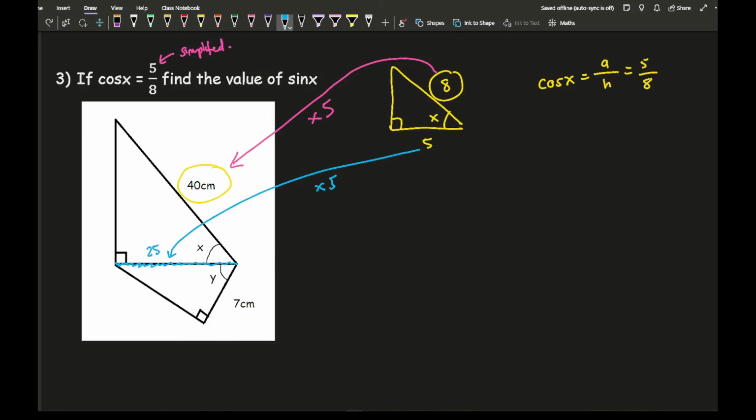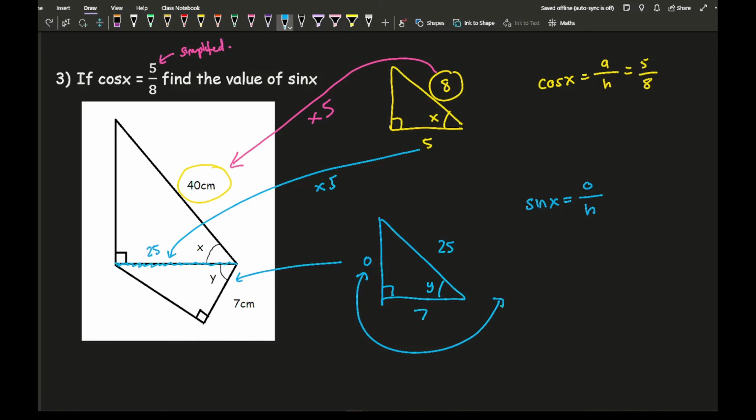Now from this, what I then need to work out is what sin x is. So if I then take out this triangle here, this side here equals 25 and this equals 7. Now to work out what sin x is, I need to know what the opposite is. I know that the hypotenuse is 25, so I need to work out what the opposite is going to equal.